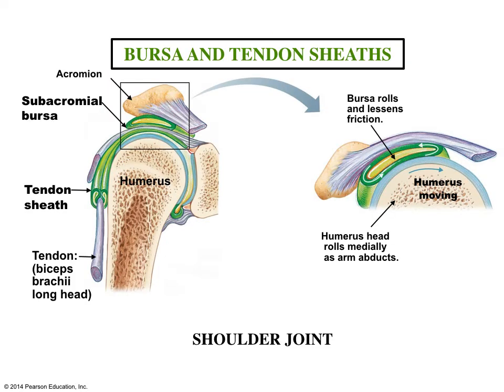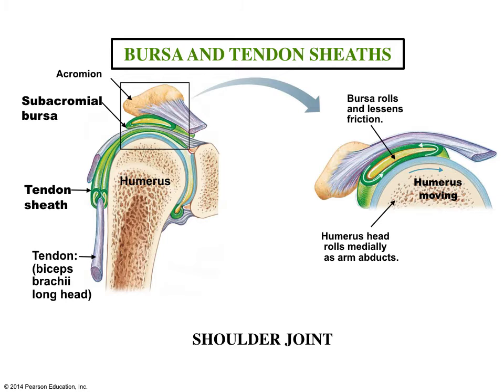There are other structures that are associated or may be associated with synovial joints. Bursae are bags of synovial fluid that help reduce friction, as shown in the shoulder joint diagram.